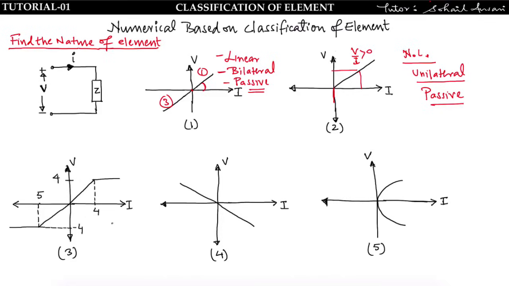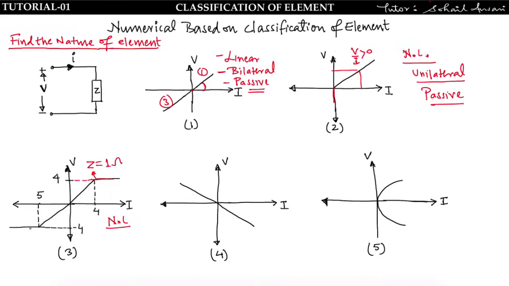Check this, this is non-linear because it is not following the equation of a straight line for all time. After I greater than 4 the voltage is constant, so non-linear. Unilateral or bilateral? For bilateral, check: at v is equal to 4 I am getting I is equal to 4, that means Z1 is equal to 1 ohm.